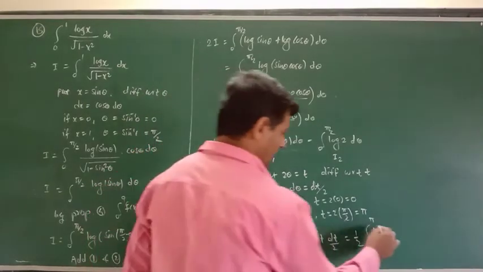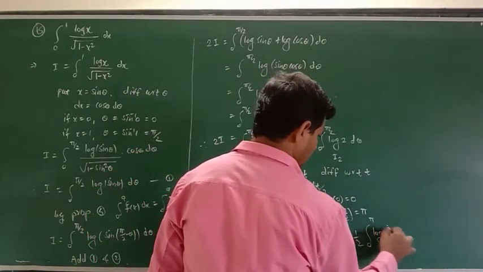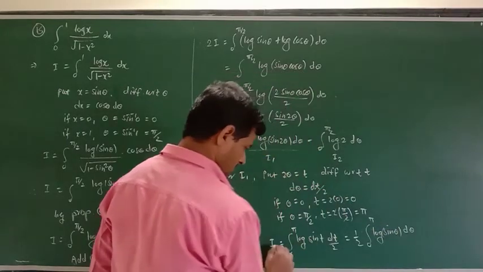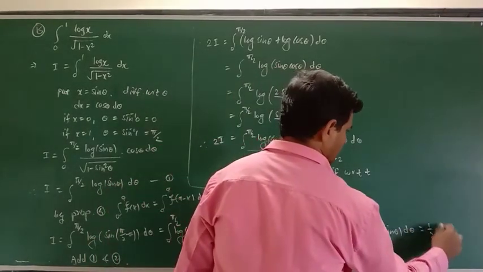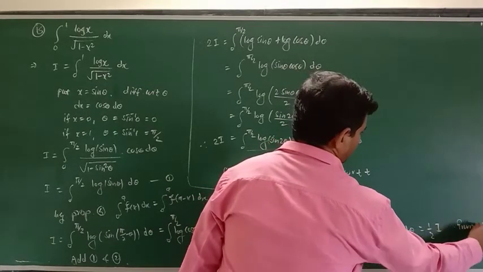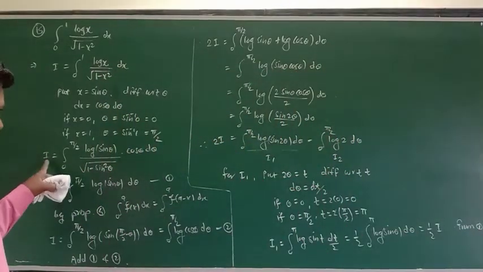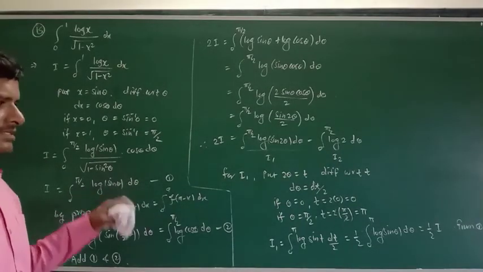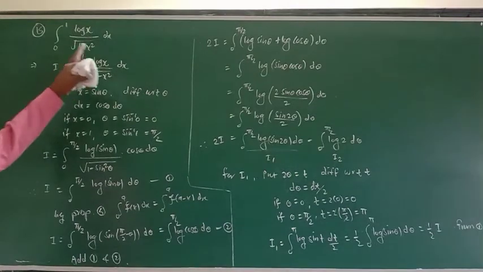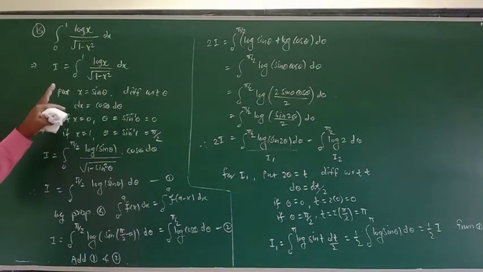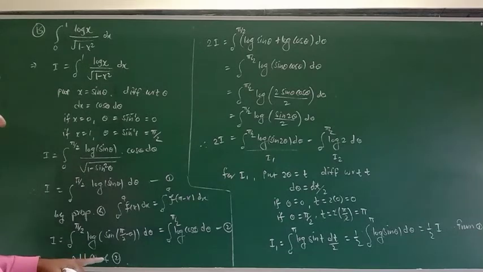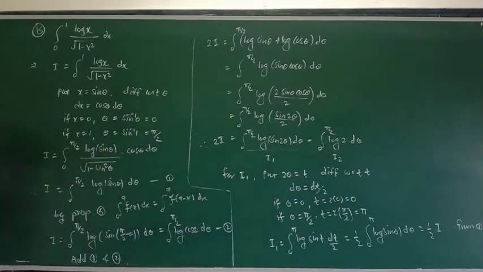So I1 is equal to 1/2 times I from the first equation. Okay, I think I made some mistake here by substitution.